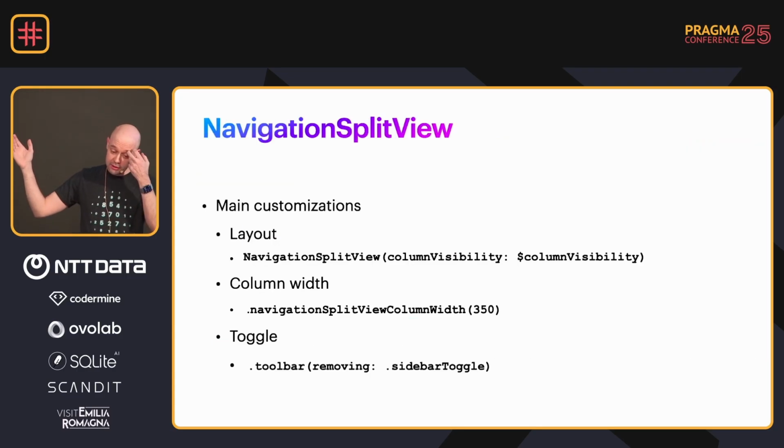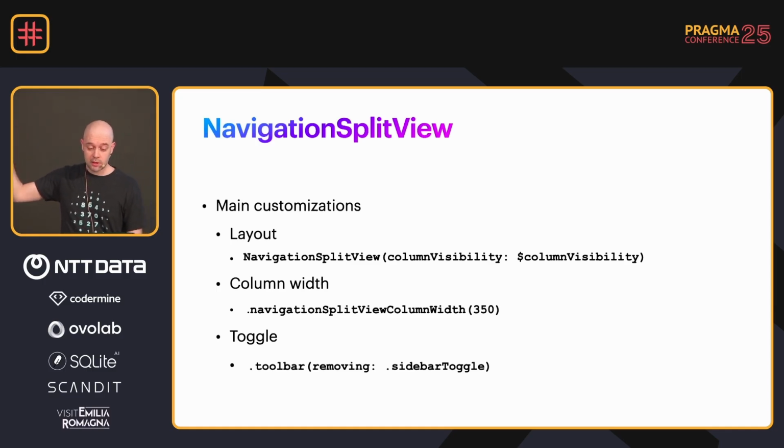Here you can see the main customization that I was talking about. For the layout, you pass a variable when you instantiate NavigationSplitView, and the column visibility variable is based on some condition. In my case, as I said, based on the orientation or the platform.